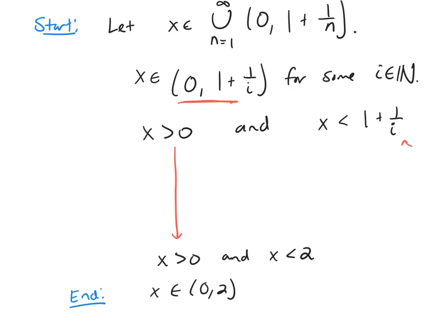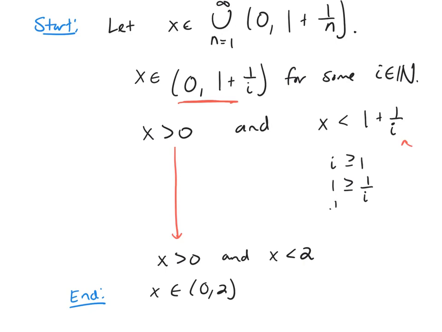The integer I is greater than or equal to 1. The smallest natural number is 1. So I is positive, and I can divide this inequality by I. So 1/I is going to be less than or equal to 1.